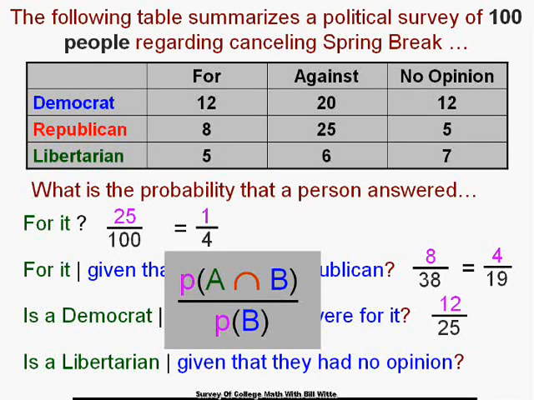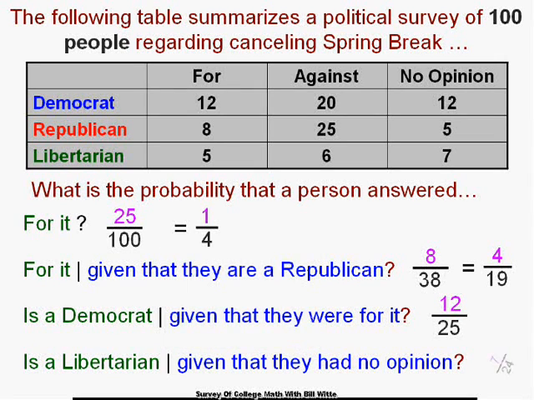The denominator will be how many people have no opinion. That's B, right? Well, how many people have no opinion total? That's 12 plus 5 plus 7, which is 17 plus 7, 24. So we'll have 7 over 24. It wasn't so bad. Hopefully from that exercise, you'll get the idea of conditional probability and the formula you use.